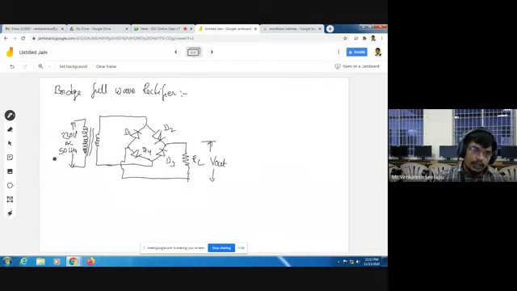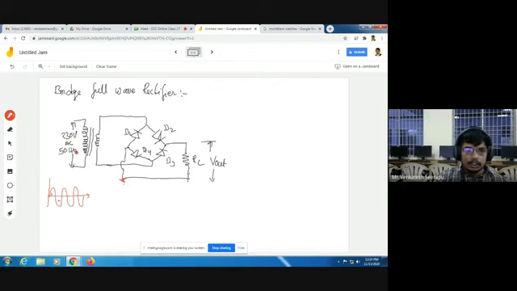Now here we are applying an AC signal. All of you know that an AC signal consists of both a positive half cycle as well as a negative half cycle. Here we will connect a ground. We apply both positive and negative half cycles of the 230 volts AC signal.